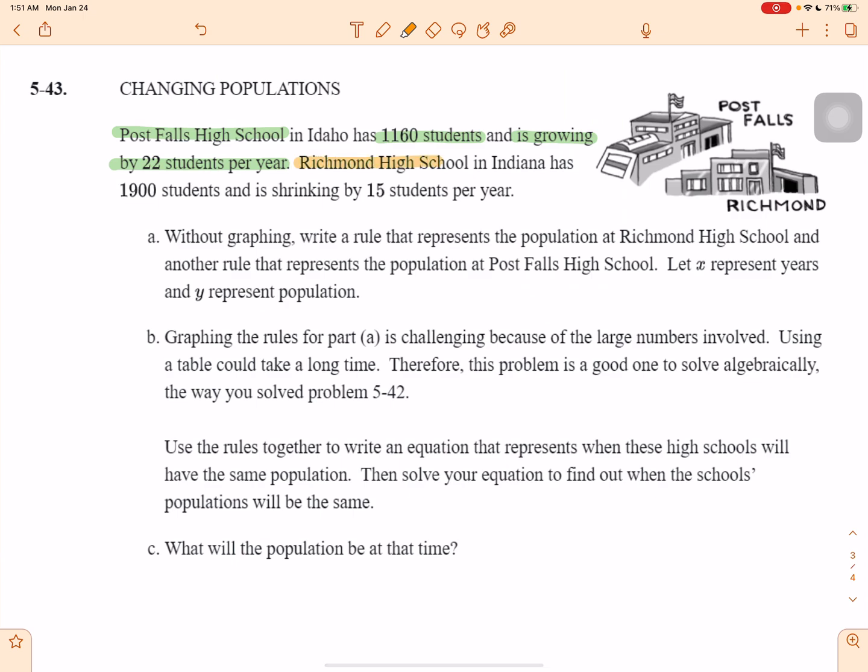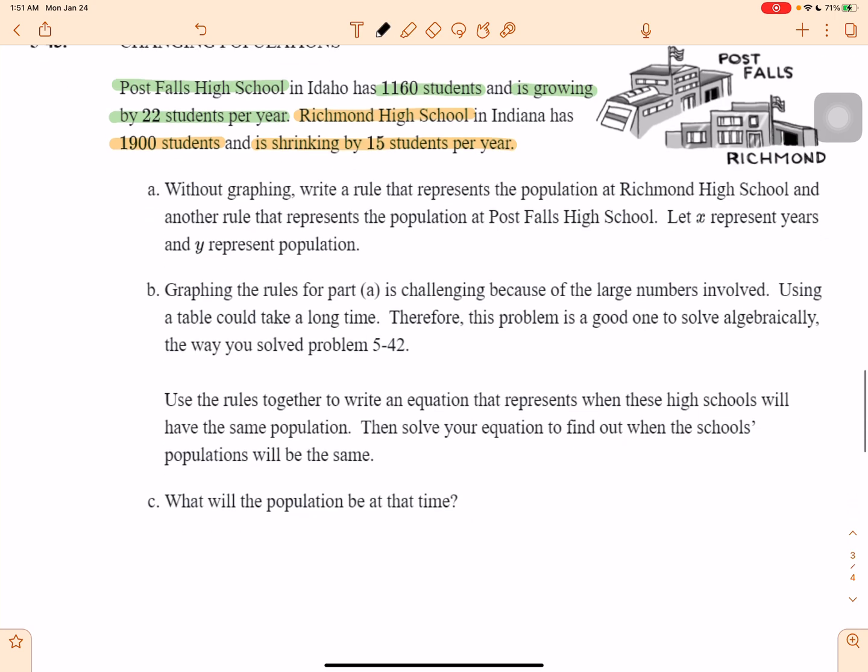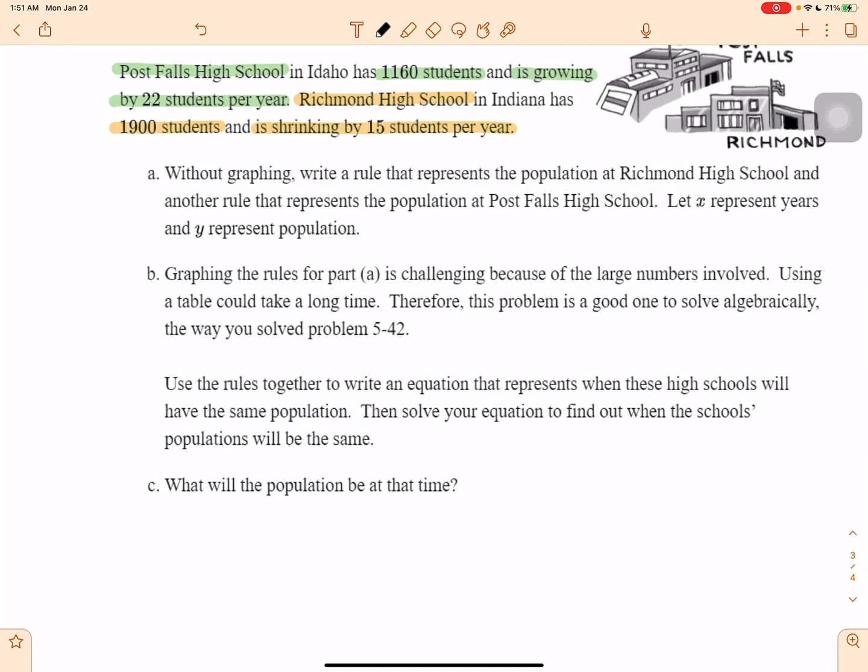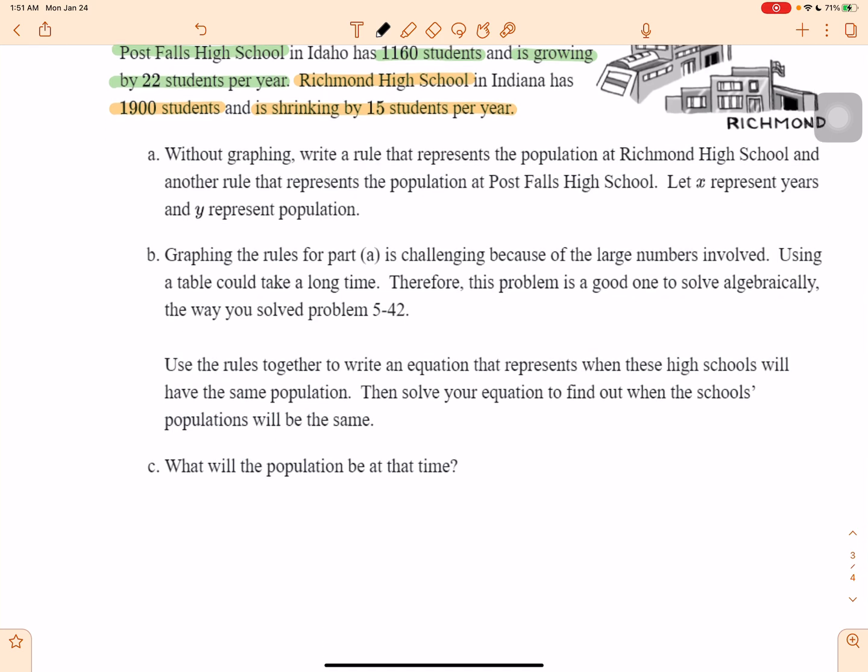Richmond High School has 1,900 students and is shrinking by 15 students per year. So for part A, it says, without graphing, write a rule that represents the population at Richmond High School and another rule that represents the population at Post Falls High School. Let X represent years and Y represent population.